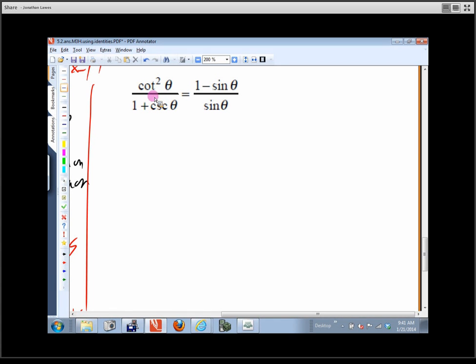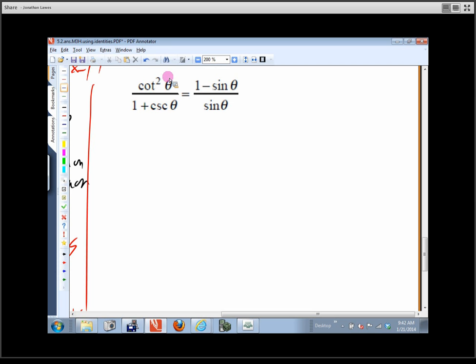Also, it's written in terms of cotangent and cosecant, which are certainly not our favorite. Sine and cosine are really easy to work with. Tangent, cotangent, secant, cosecant, those are a little more complicated. So we probably ought to change this into sines. There's one term on this side and one term over there, so that wouldn't help. But I definitely think that side is much more complicated.